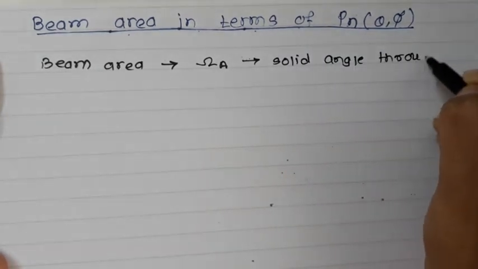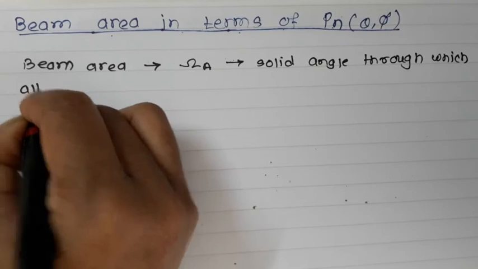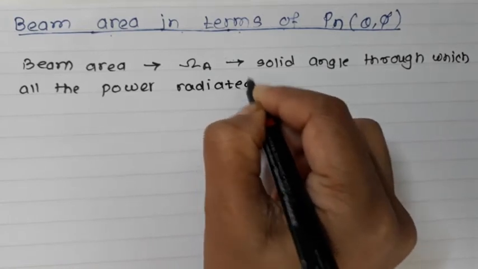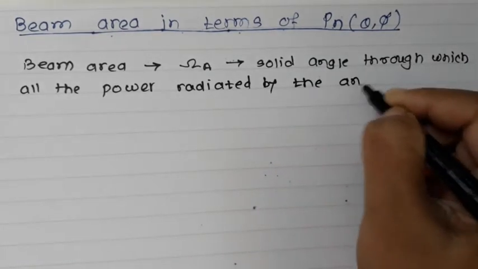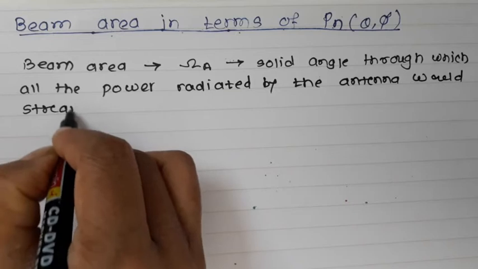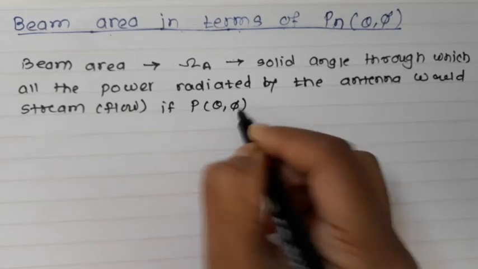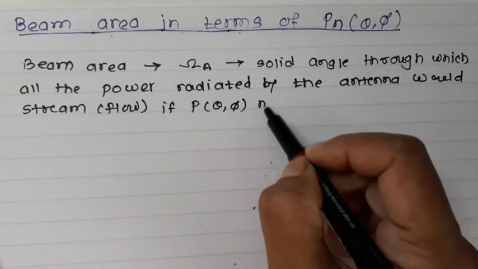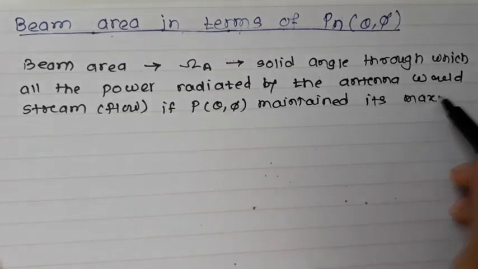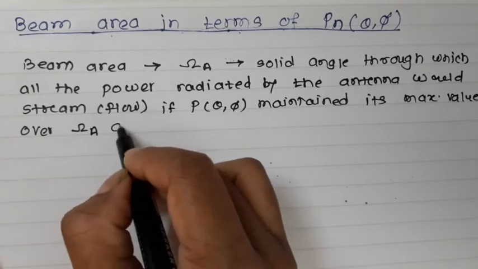through which all the power radiated by the antenna would stream, means all the power will flow, if P as a function of theta and phi maintains its maximum value over ohm A and was zero elsewhere.